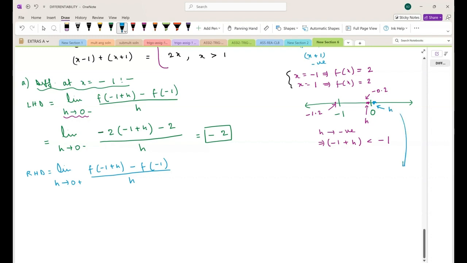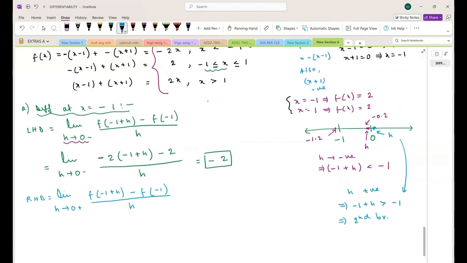That means my h is positive, which implies that minus 1 plus h is greater than minus 1. That means I will choose the second branch of the function. The second branch is just 2. It's constant. It doesn't depend on the value of x at all.